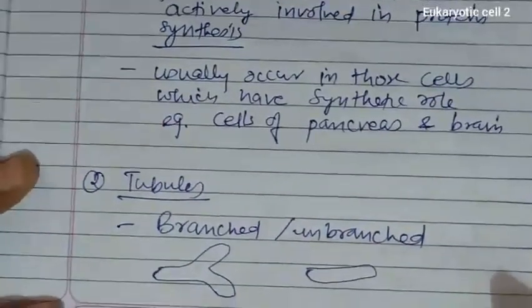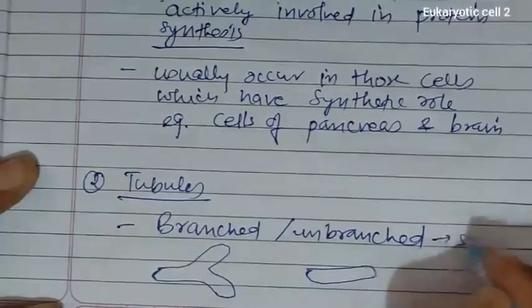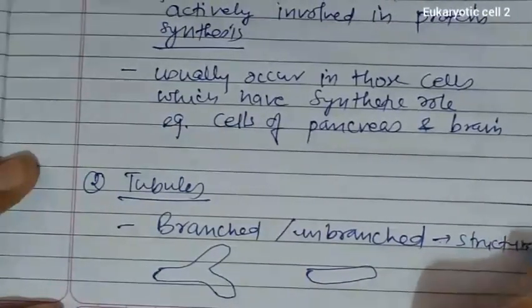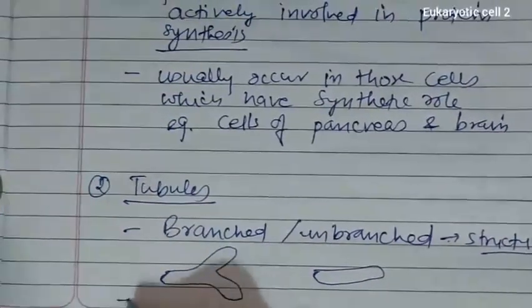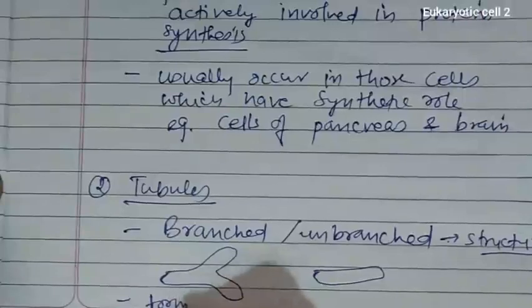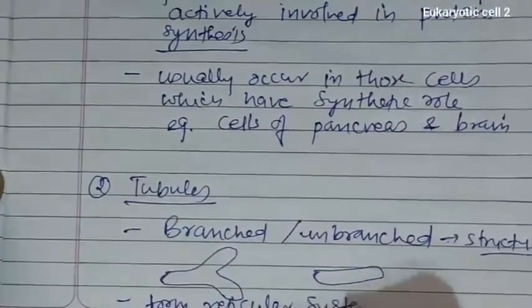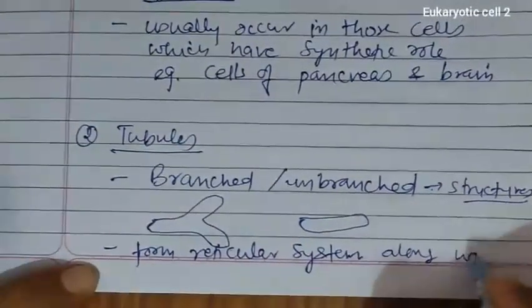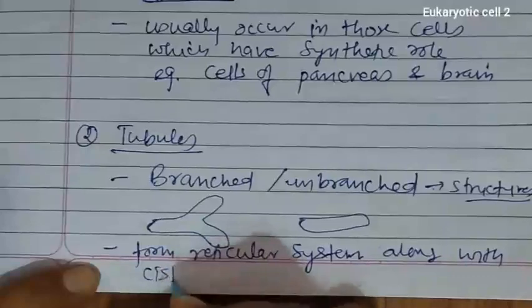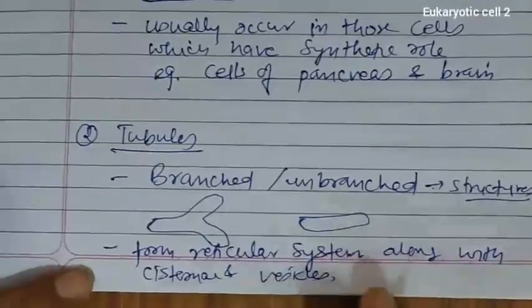So the branched and unbranched structures form a reticular system along with cisternae and vesicles.